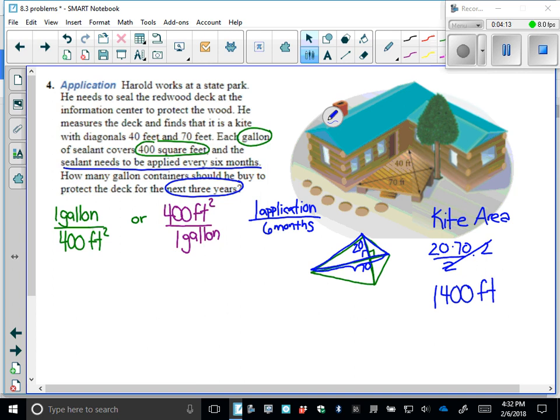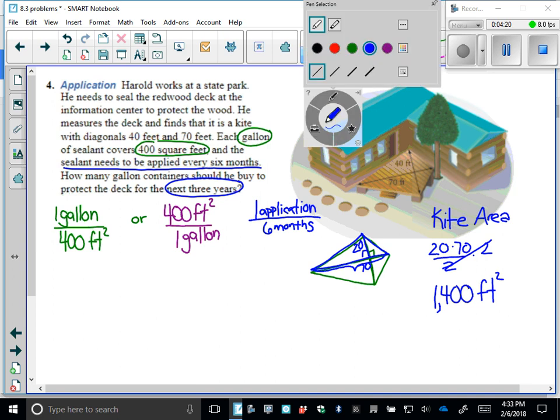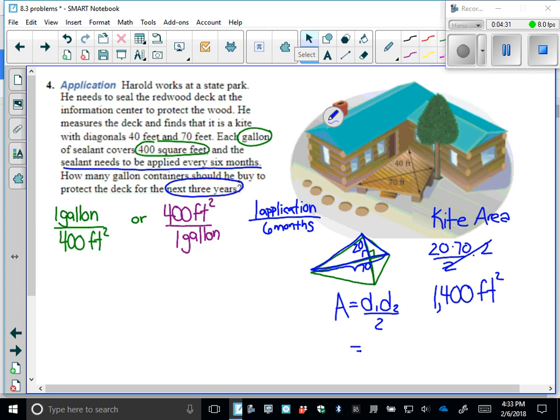square feet. So that's thinking it through without a formula, but there's always a formula for these shapes, and some people like the formula: you multiply the diagonals and you divide in half, and you're going to get the same thing.